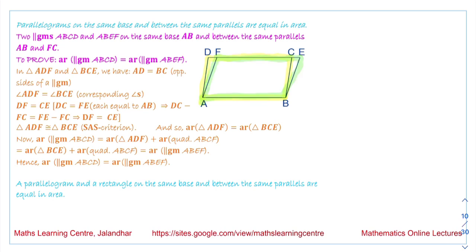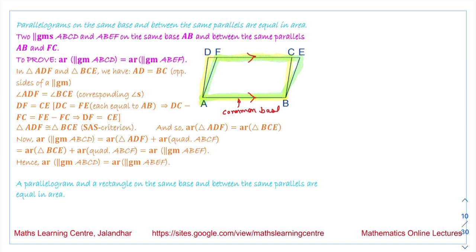These two parallelograms have the common base over here. This is the common base, and these two lines DE and AB are parallel to each other, so they are between the same parallels. Now we have to prove that their areas are the same.